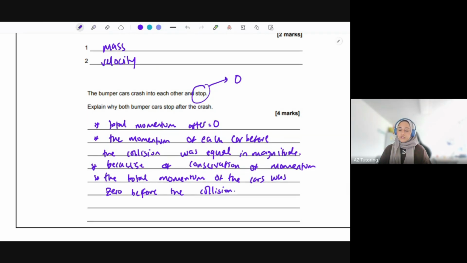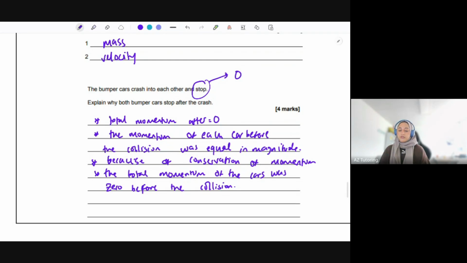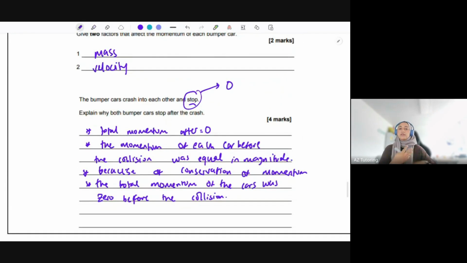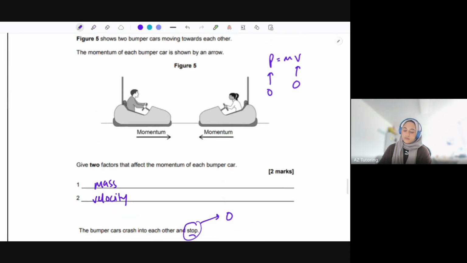So there's just a conservation of momentum question. We know it stopped after, so because it stopped, the velocity is zero, so therefore momentum is zero, as we discussed. So therefore it must be zero before, and then you explain that with conservation of momentum, why both bumper cars came to a stop when they crashed.